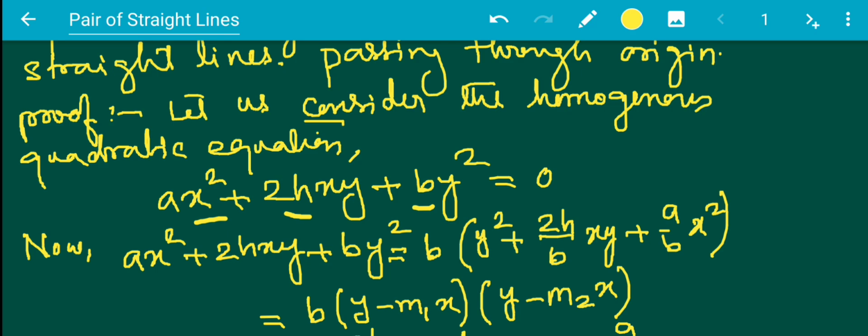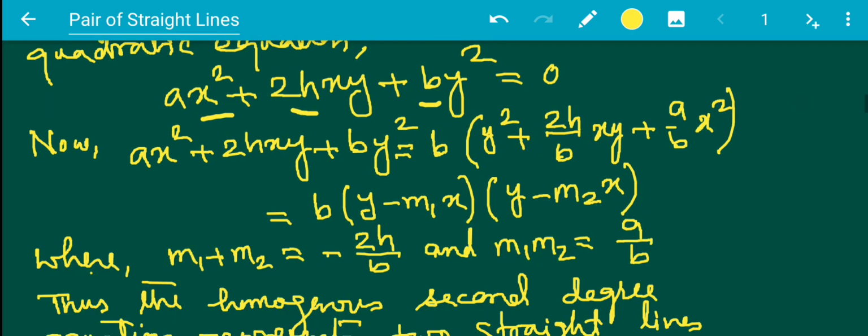So the best way to show that this equation represents a pair of straight lines passing through the origin is to find the individual equations of the straight lines. Okay, for that we take this b common and we get this quadratic equation in y. Assuming x is constant, we can express this as y minus m1x and y minus m2x.